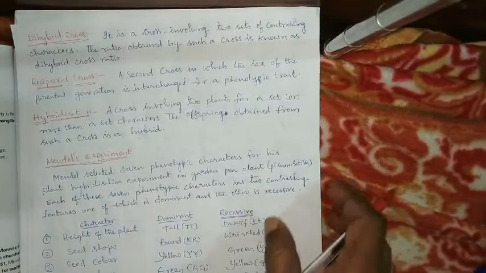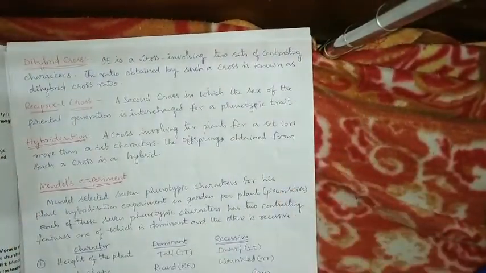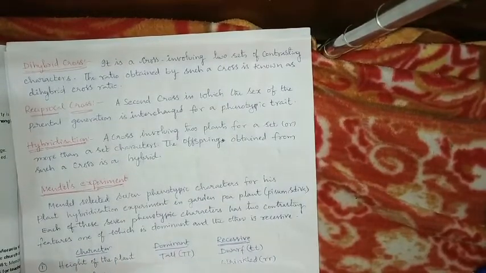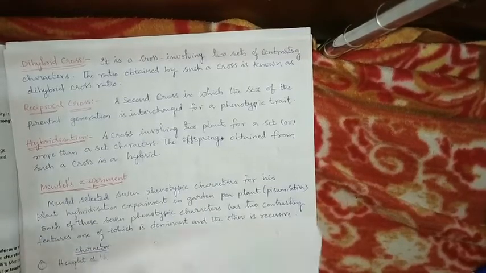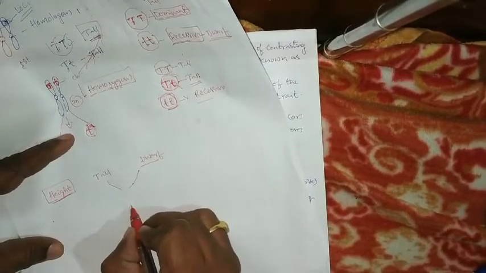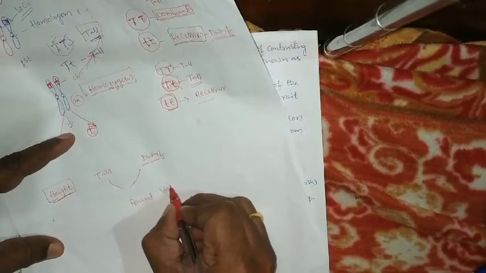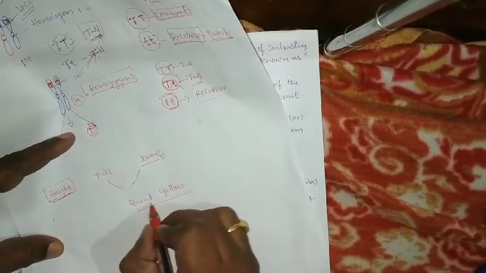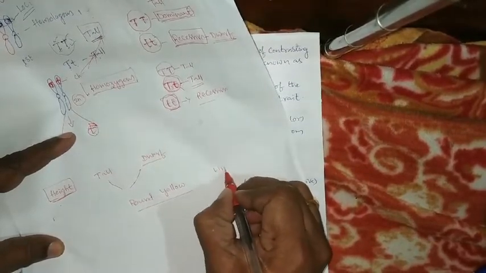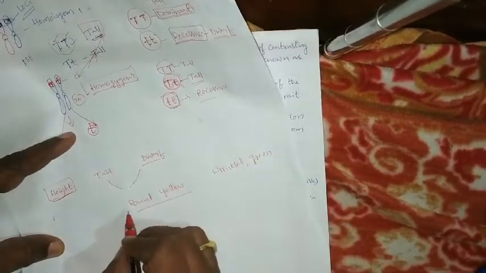Next, coming to the dihybrid cross. In a monohybrid cross we considered only one character, but in a dihybrid cross we consider two characters. For example, round yellow is in one plant and wrinkled green in the other. What characters have we taken here?